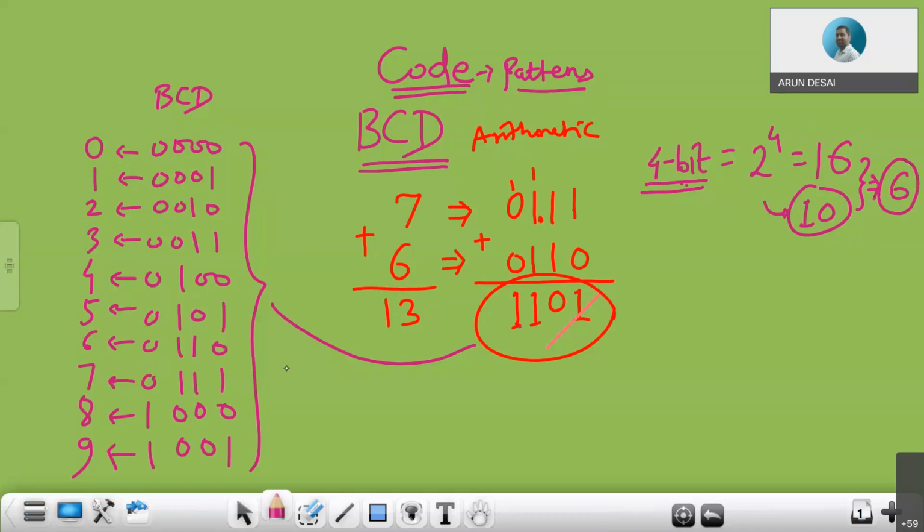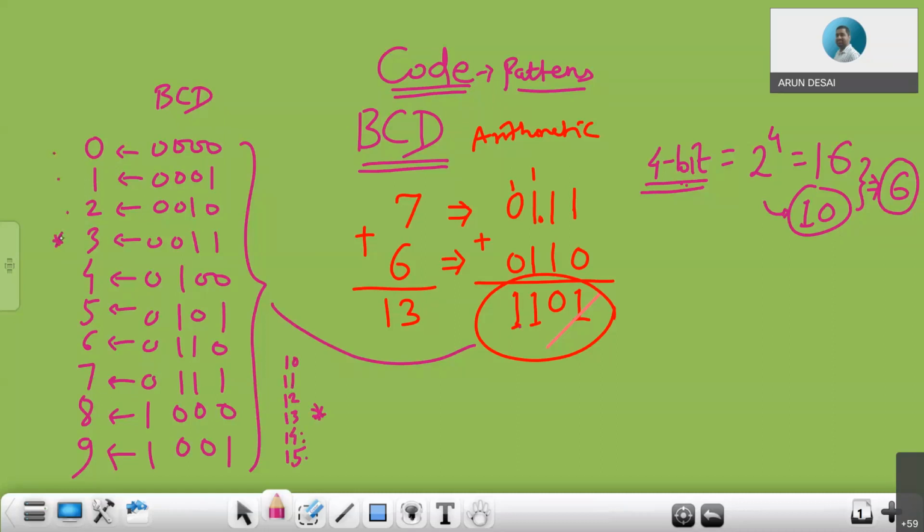That means 9, 10, 11, 12, 13, 14, 15. If my result is this, then I need to add 6 to it, and then we get 1, 2, 3, 4, 5, 6.